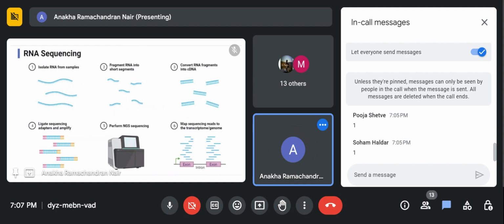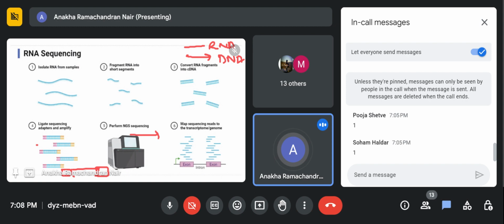Using reverse transcriptase, you can convert the RNA to DNA, right? And you ligate sequencing adapters. Since you don't know from your cDNA itself which is the right side and which is the left side, what you do is you attach different adapters to each side, and that will help you in the sequencing.